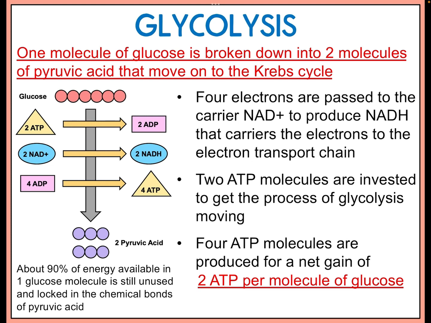So for every glucose, 2 ATP are produced in glycolysis.